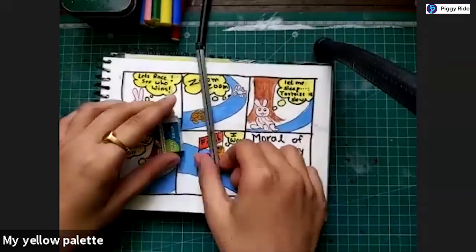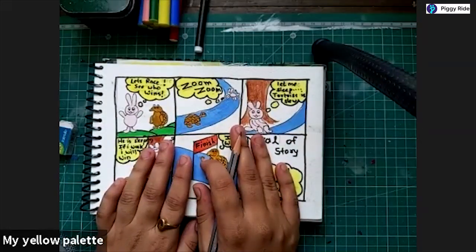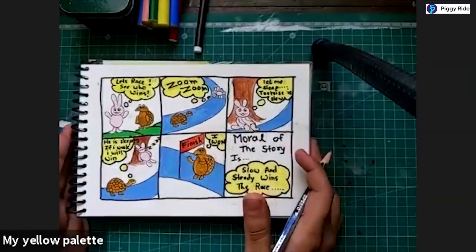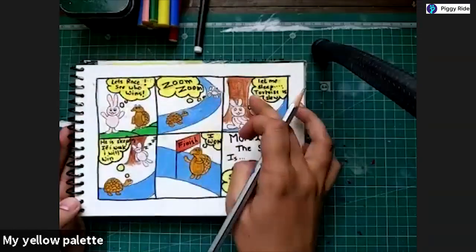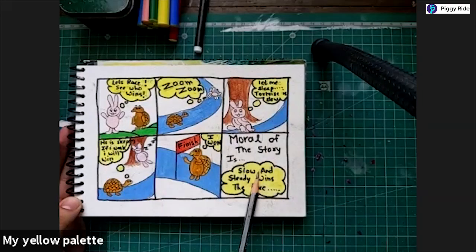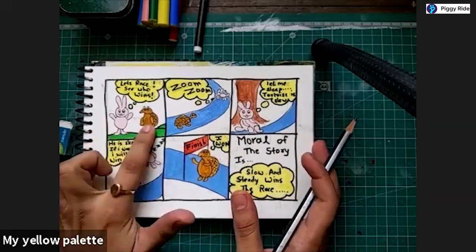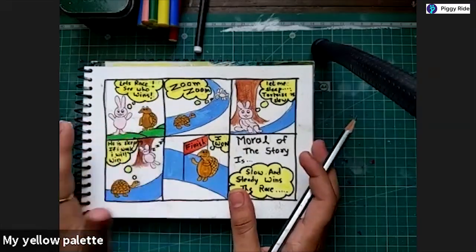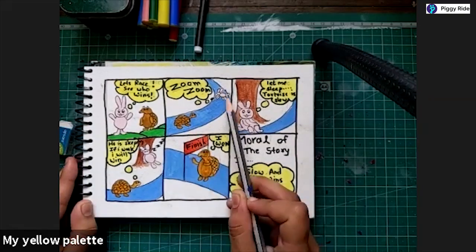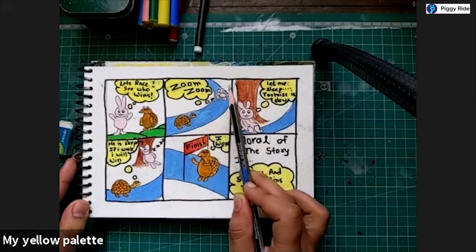Fine. So I'm gonna explain what this art form is and what you are all going to do today, and then we will start painting this. Basically, I have created 6 boxes, and in all the 6 boxes I have done the whole storytelling. You have all heard the story of a turtle and a rabbit, right? The turtle and the rabbit start a race, and because the turtle is slow and the rabbit is very fast, the rabbit runs very quickly and goes far ahead.